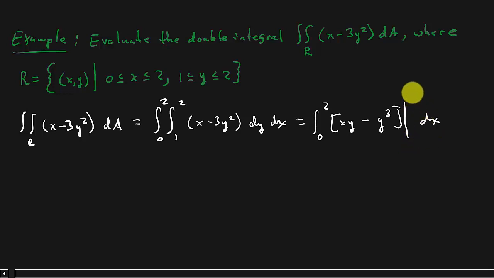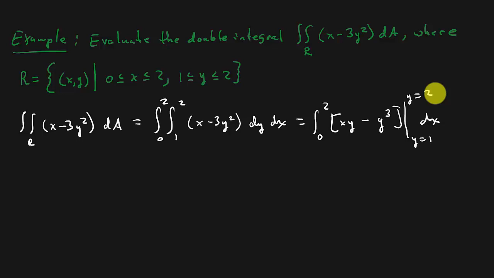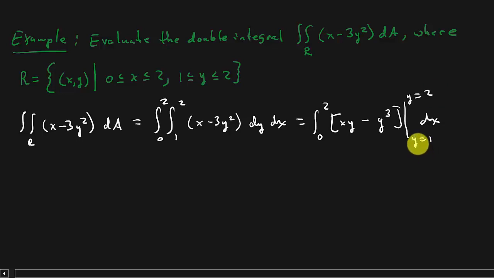There I go again. I left it off, didn't I? y equals 1 to y equals 2. Well, I know I forgot it. Like I said, I recommend putting the y equals so you know which variable you're plugging it into. Okay. All right. So this, we're going to get 0 to 2, and okay, so we're plugging the 2 in for y.